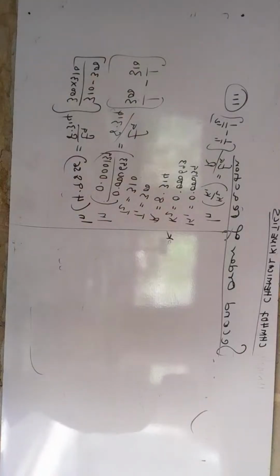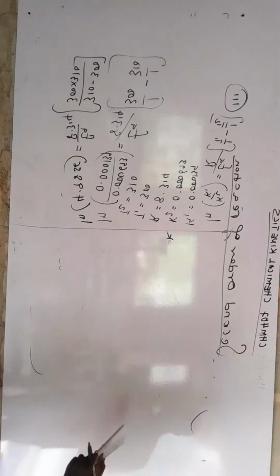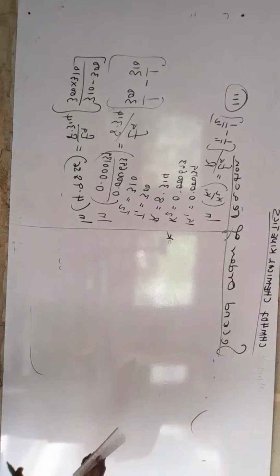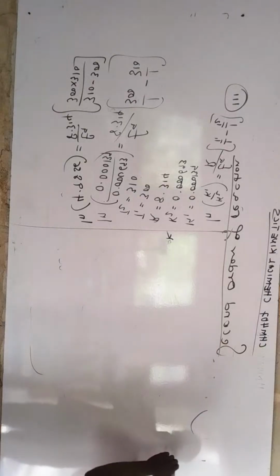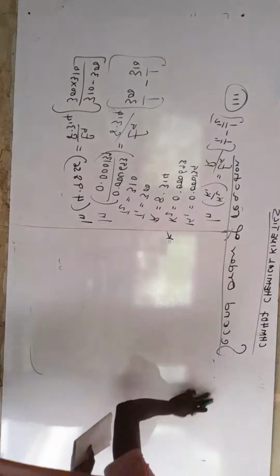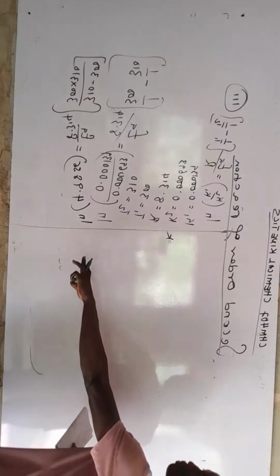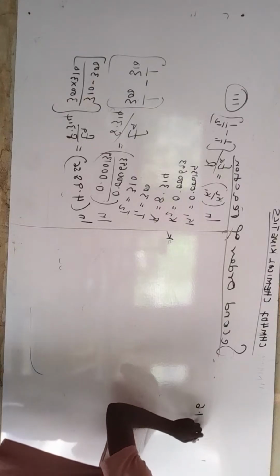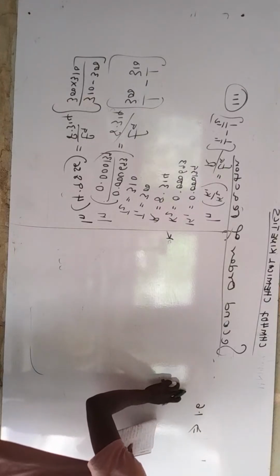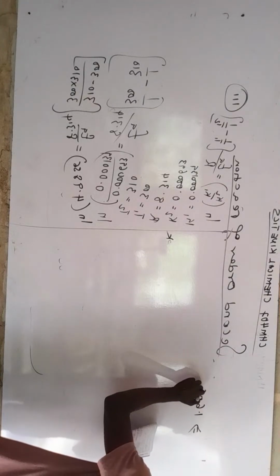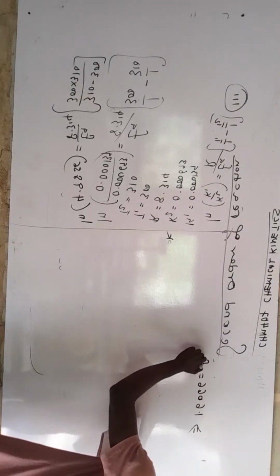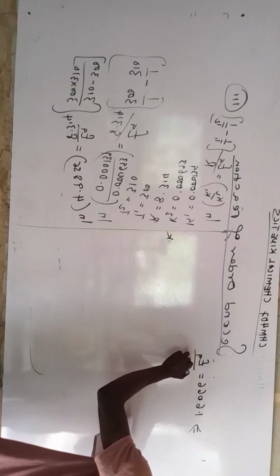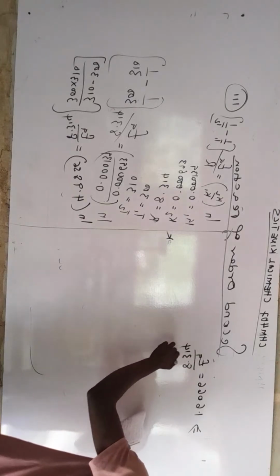So from that place, what next? The ln of this value that we have here will give you 1.6066 equals the activation energy over 8.314.